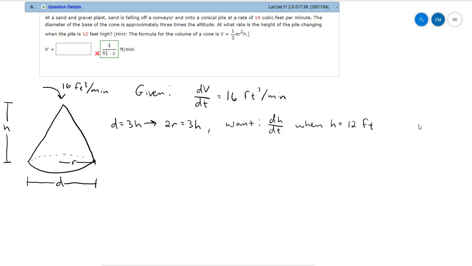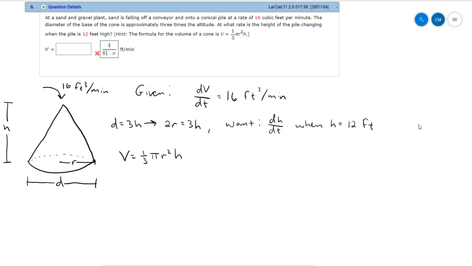Okay, so now we need to come up with the relationship between the quantities. In fact, it's given in this problem. They tell us that V is equal to 1/3 pi r squared h. Now what we're trying to do here is find dh/dt, so r is actually not necessary in this problem, so we need to get rid of it.